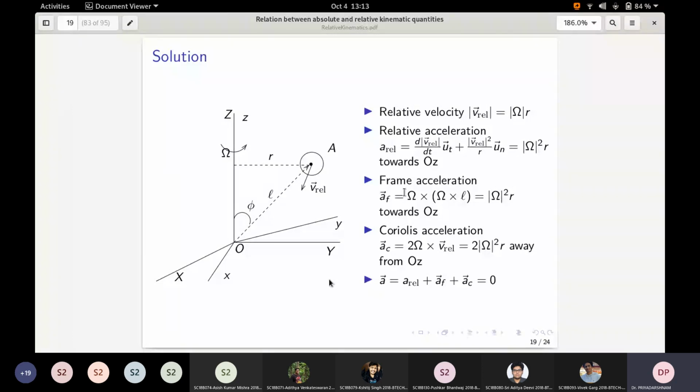In that sense, it is measuring the relative acceleration. It also has a tangential component. Let us assume that if it is moving around a circle, the tangential component of acceleration will be 0. So it will be measuring only V_rel squared by R in the normal direction.